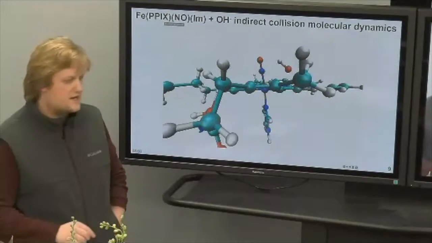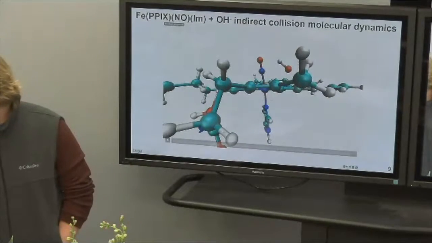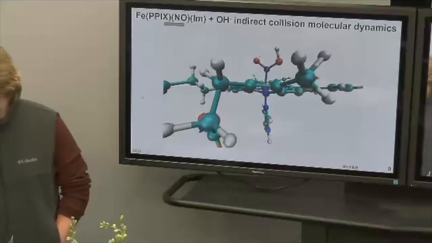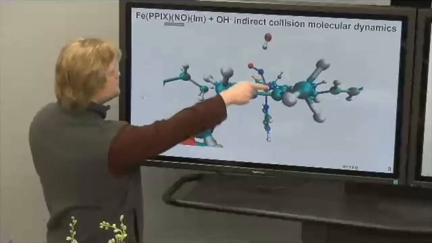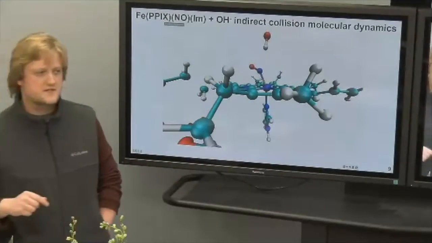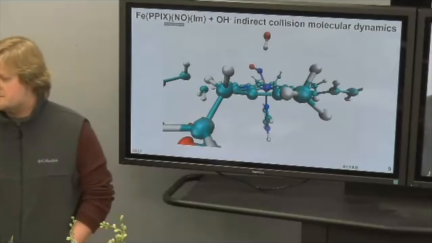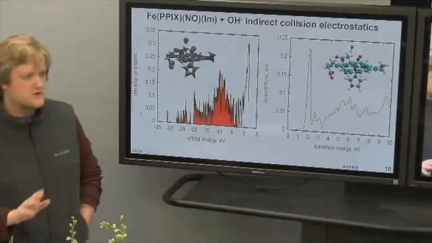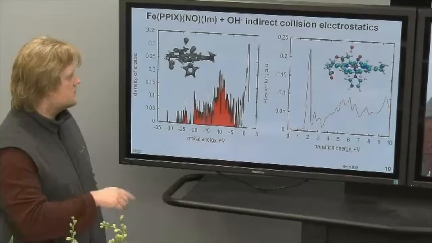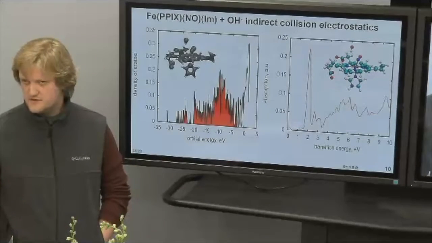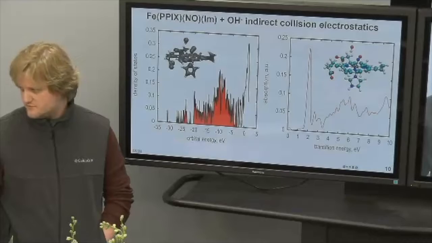All right, so let's look at a molecular dynamic simulation where the hydroxide grazes by the NO. As you can see, we don't get a reaction. That may not be entirely surprising. But when we look at the electronics, it will differ from the model I had shown you before.